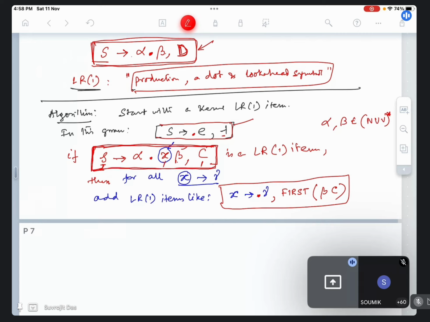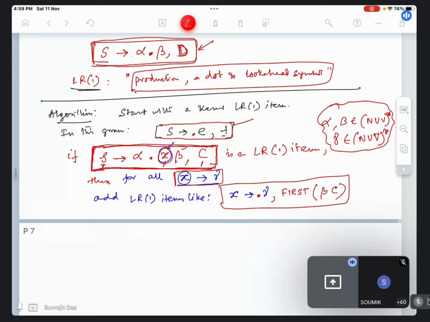So you start with this LR1 item, take decisions on this non-terminal, find out the productions in your grammar where the productions look like X goes to gamma. Again, gamma is a string from N union sigma, N union V star. So these are strings of terminals and non-terminals in the most generic case.